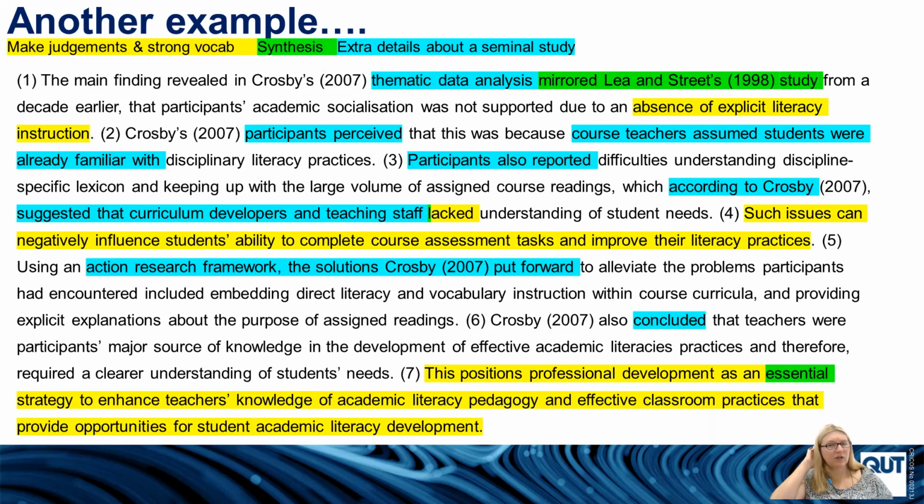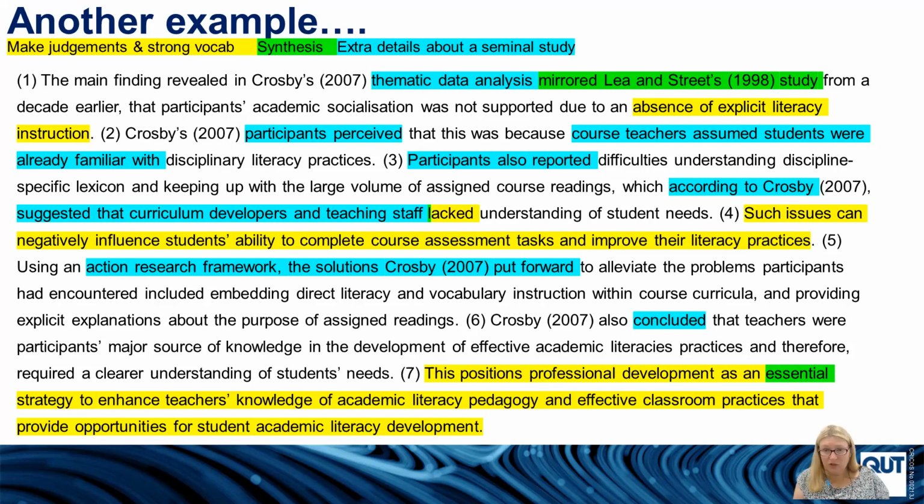And just really notice the vocabulary. They lacked understanding, negatively influence. There's an absence of explicit literacy instruction. And then there's a judgment at the end, isn't it?